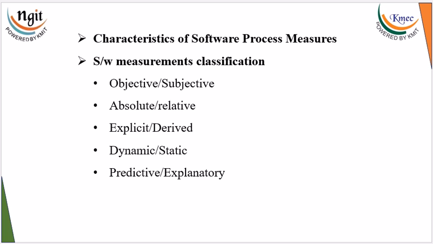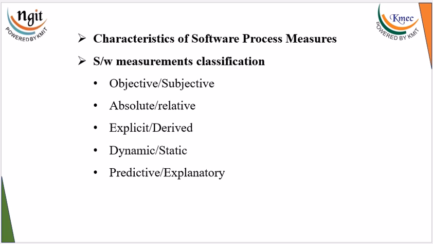Next, they should be natural. They should result in natural results for the process. The measures should be very simple, and both predictable and trackable results are identified by using this software process. So these are the basic characteristics of your software process.